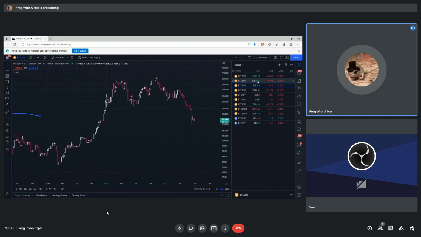I have all the Bitcoin USD and USDT charts right here on different exchanges: Bitmart, Bitstamp, Bitfinex, FTX, TradingView, Binance. I just keep track, because some levels of support and resistance are a little different.